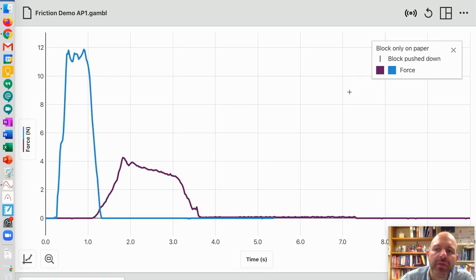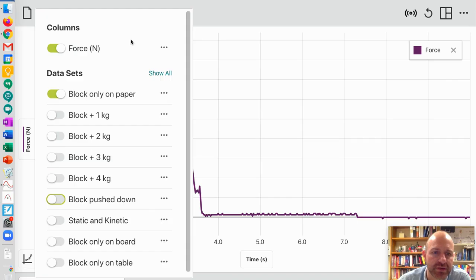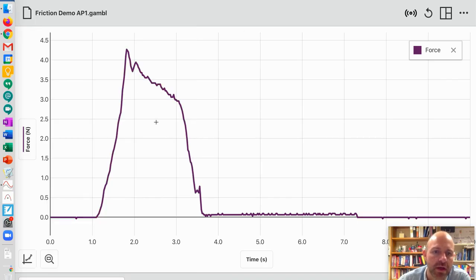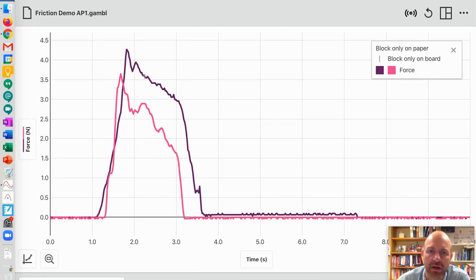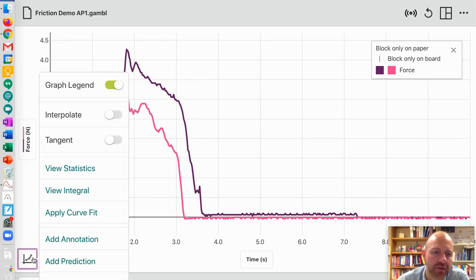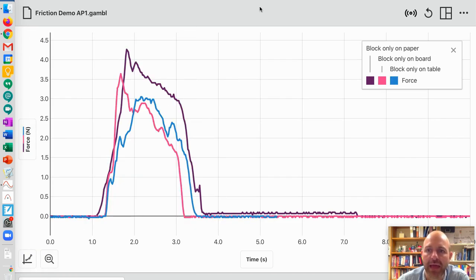All right. Now, the other thing that friction, we said, depends on is the material itself. So this is our starting one of just the block on the board with the piece of paper on it. And then if I pull the block along a different board, just on the paper, on the board itself, and then finally, I have one where I'm pulling it along our lab tables.